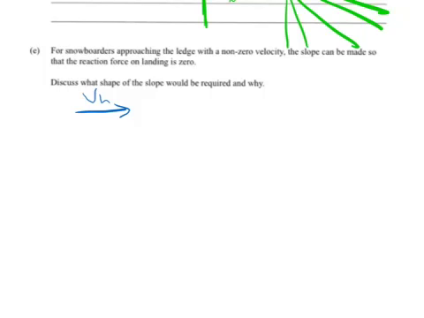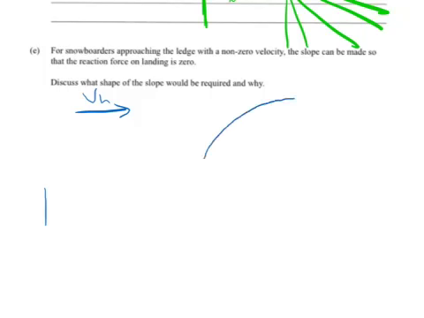Well, we did see above that if theta equals 90 degrees, then there will be no reaction force. But that's just a little bit silly, because that's not actually landing. The principle to remember here is exactly the same, but opposite, of projectile motion.